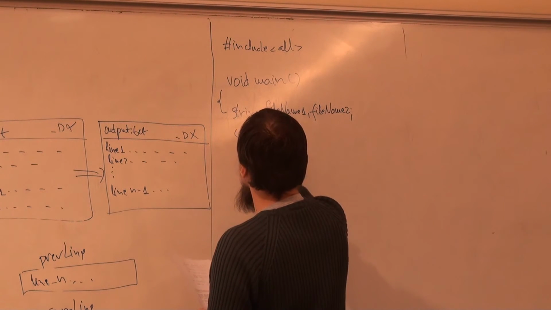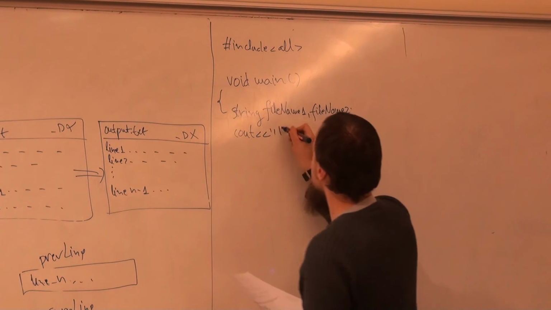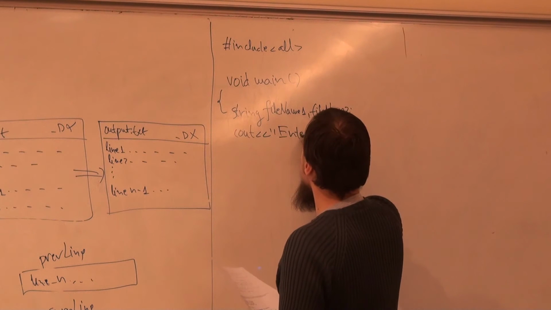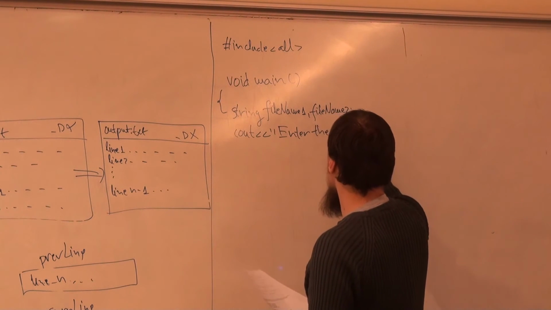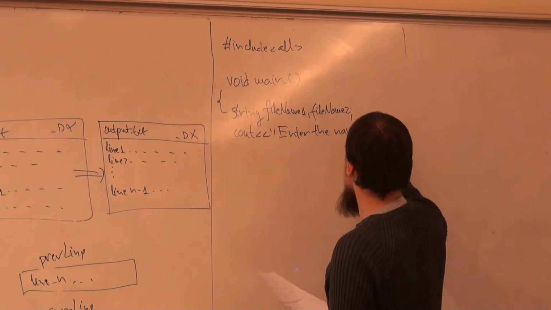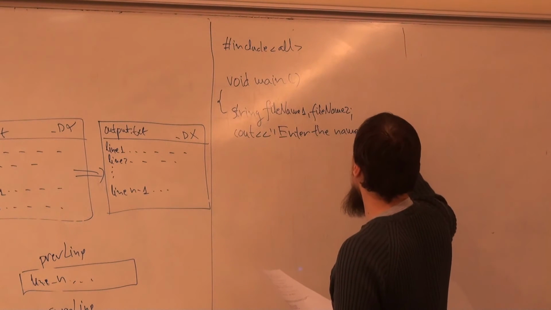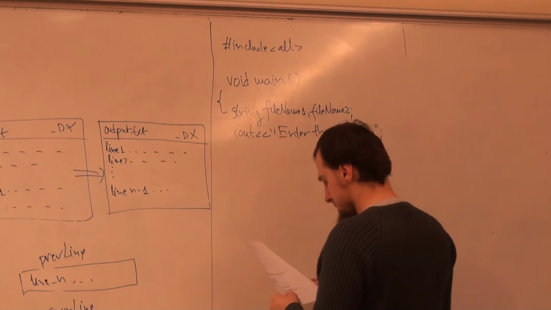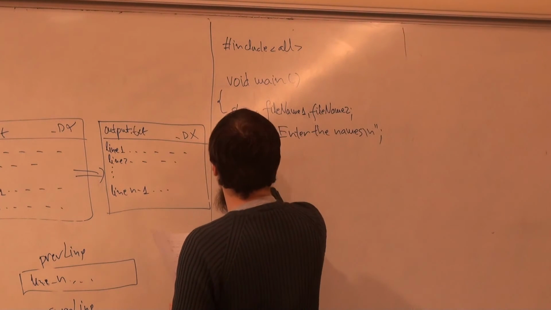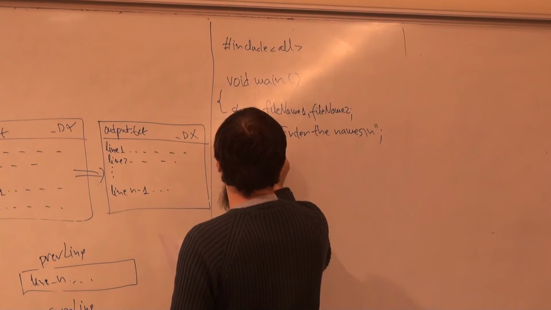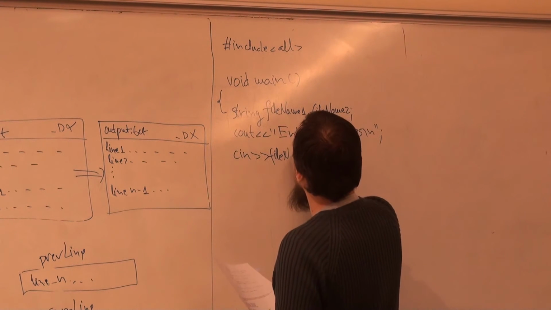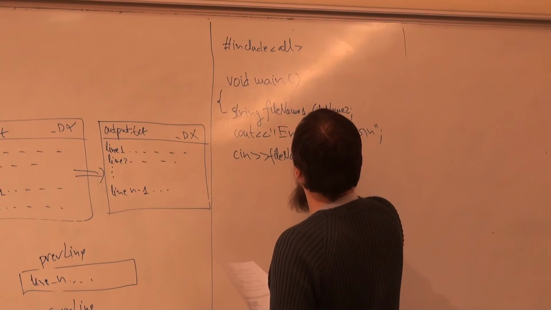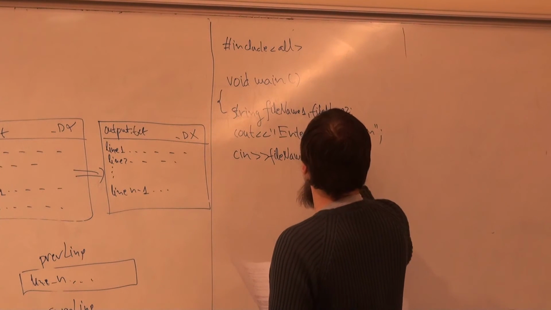I'm asking the user to give the names. Enter the names of the files for the input and for the output, with a new line in the end. The user gives both of them. So cin filename1 and filename2.